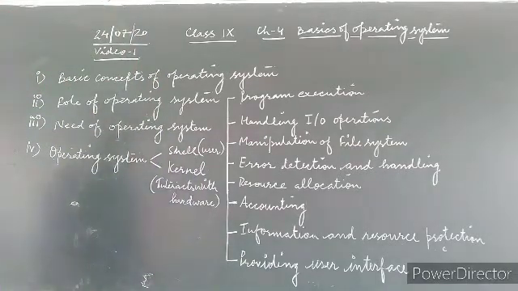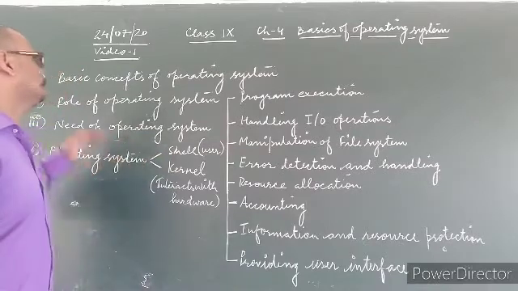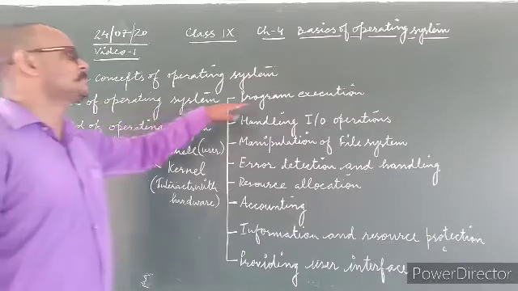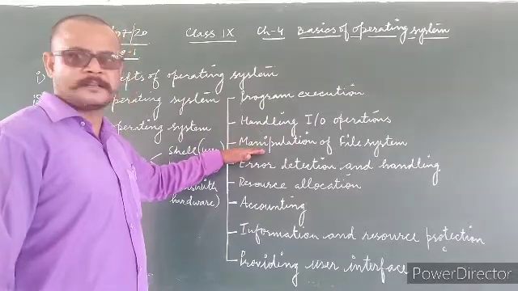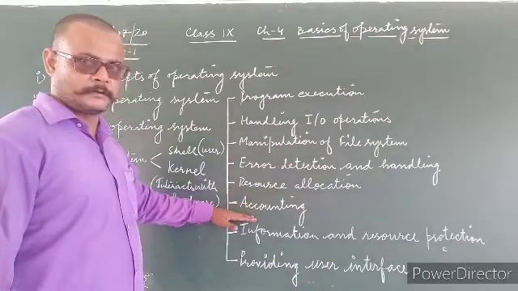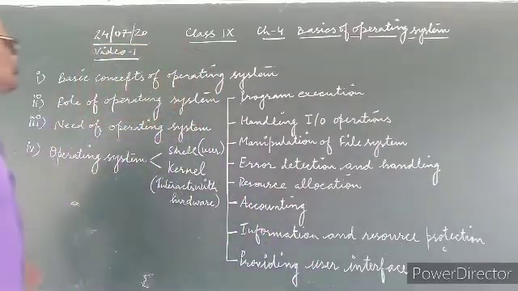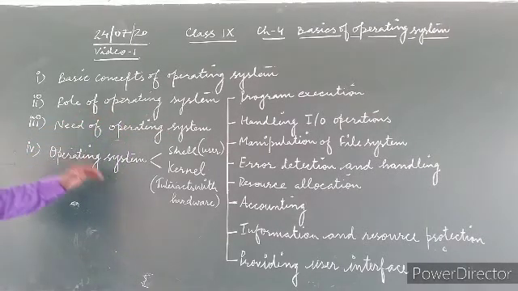In this chapter, the initial part which I am going to explain in this video covers the basic concepts of operating system and the role of operating system, in which we will discuss program execution, handling input and output operations, manipulation of file system, error detection and handling, resource allocation, accounting, information and resource protection, and providing user interface. The third thing we are going to discuss here is the need of operating system.